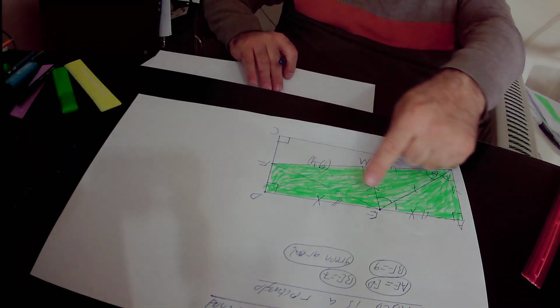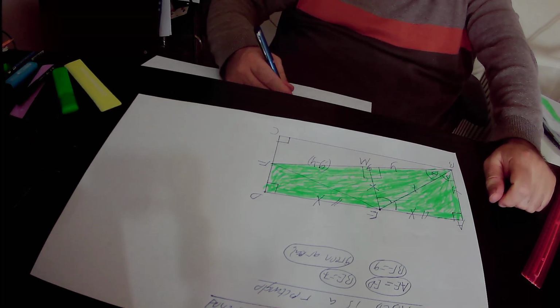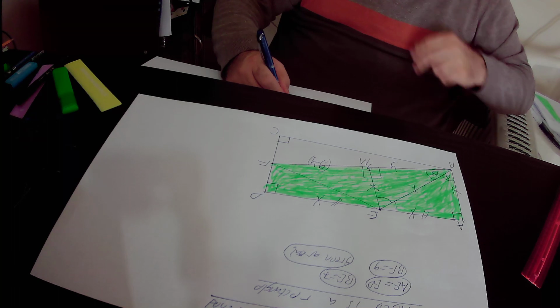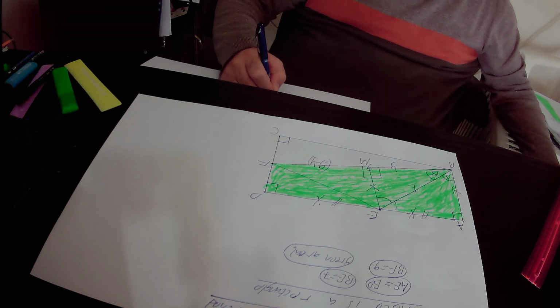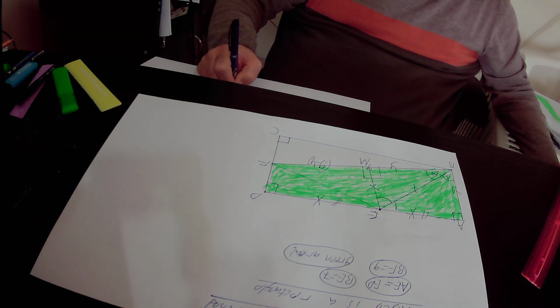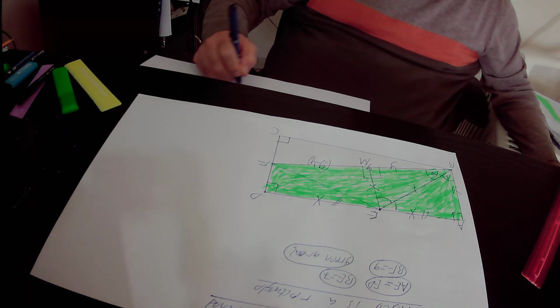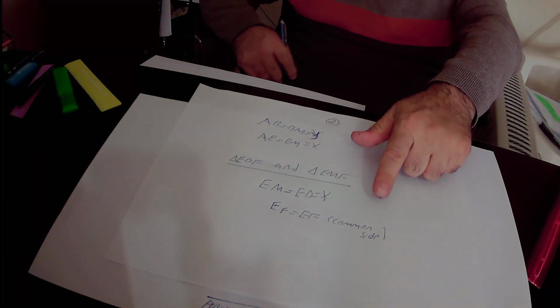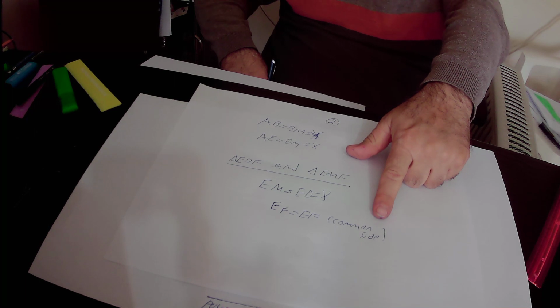And EF equals EF, it is a common side that belongs to both triangles.